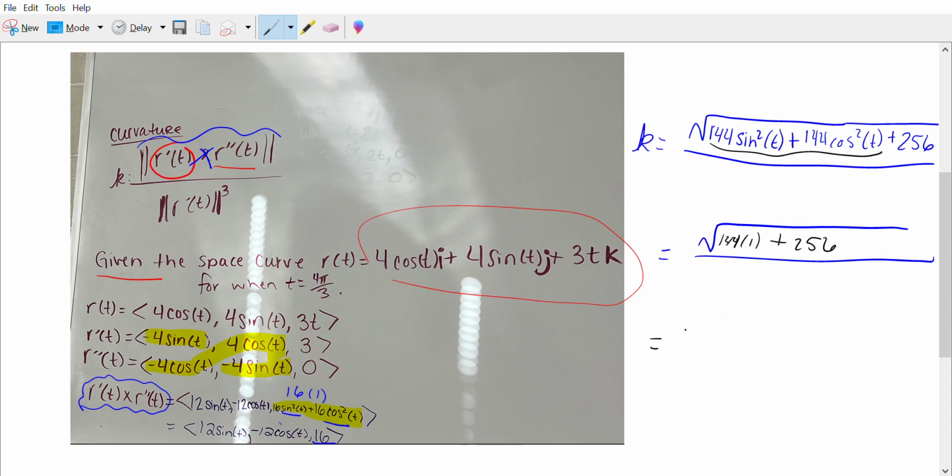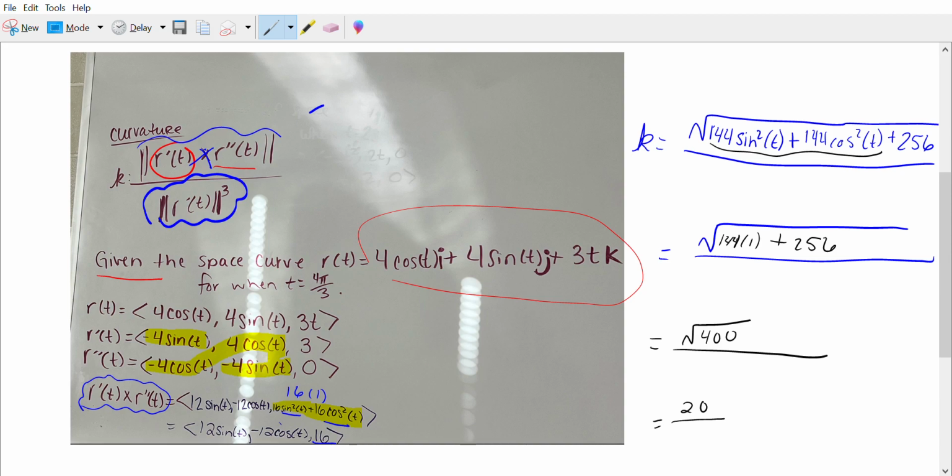So 144 plus 256 is the square root of 400, which is 20. Okay, so we have finished working with the numerator. Now we want to work with the denominator.